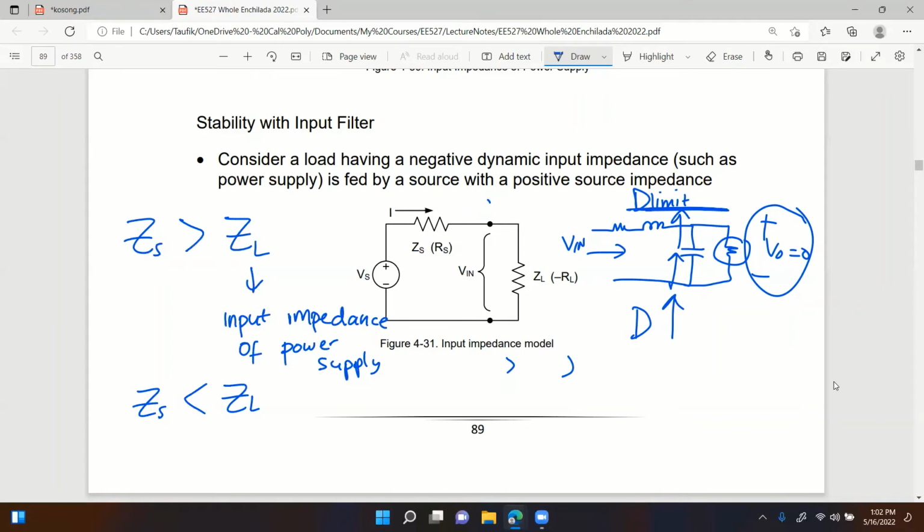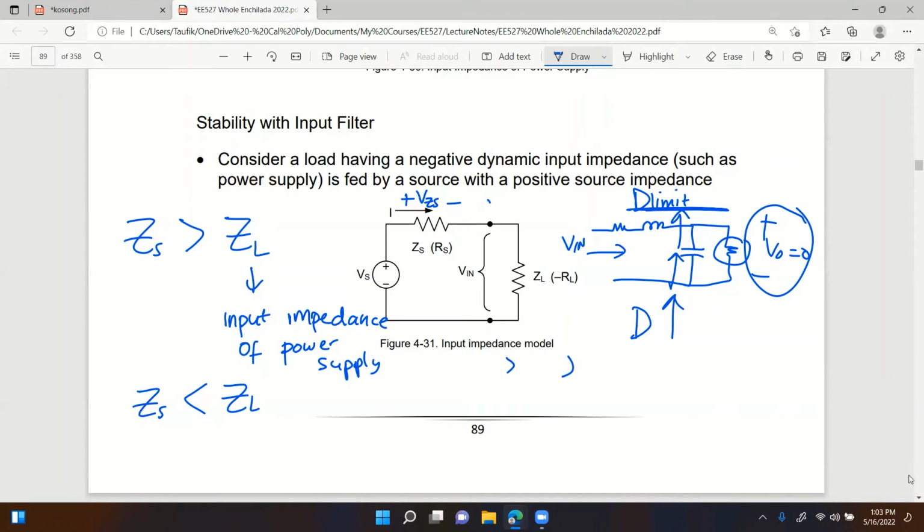The increasing rate of the voltage across ZS, if RS is smaller than RL, will be much, much slower than the decreasing rate of the Vin, right? So that would make it more stable.